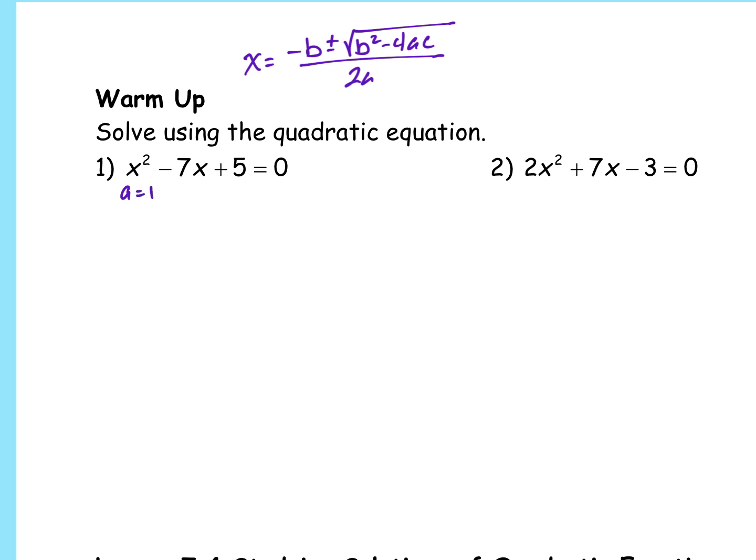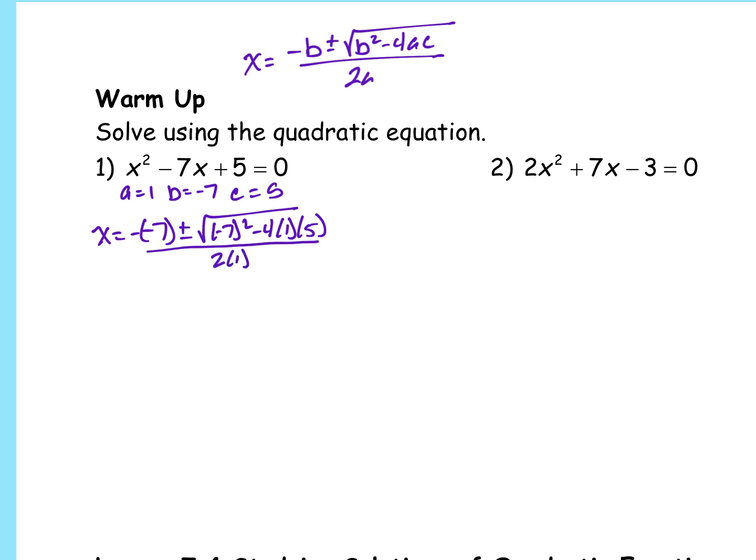So a equals 1, b equals negative 7, and c equals 5. So x is going to equal minus a negative 7 plus or minus the square root of negative 7 squared minus 4 times 1 times 5, all divisible by 2 times 1.